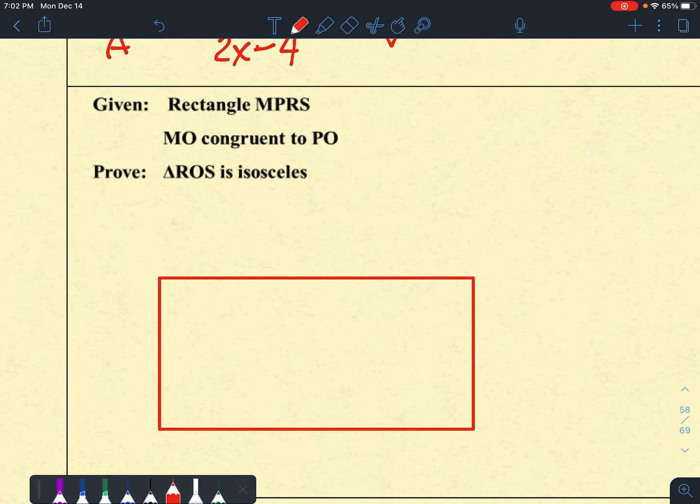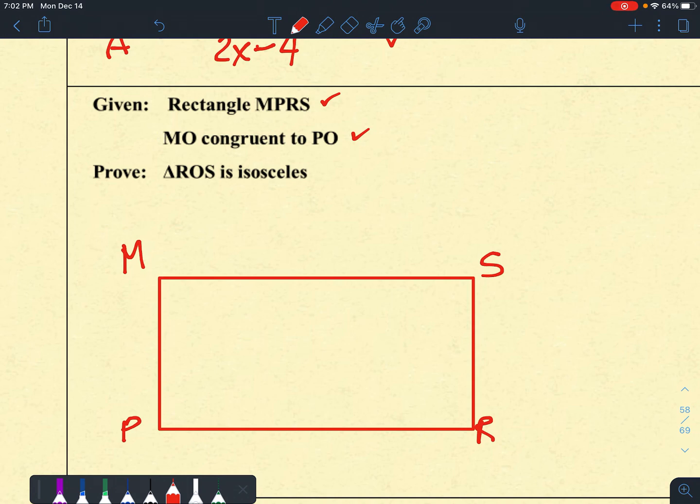This one is a little bit trickier because even though I'm going to go the opposite way this time, MPRS, that is not tough to draw, but where the heck is O, right? MO to PO.